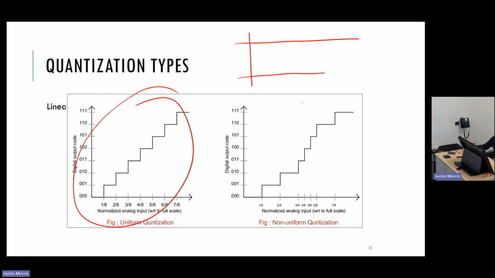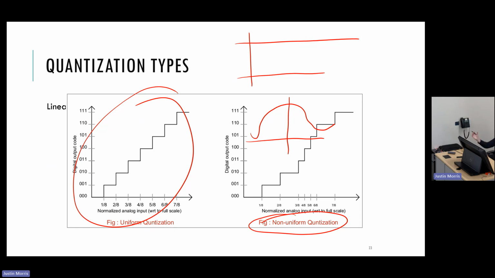Then linear quantization would be very good for them, right? But if our input signal distribution looks like a normal distribution, then that means that we have a lot more values that are going to be near 0 and a lot less near the edges. So in that case, we might want to use some non-uniform quantization so that we have better resolution towards the core part of our distribution of the input signal.